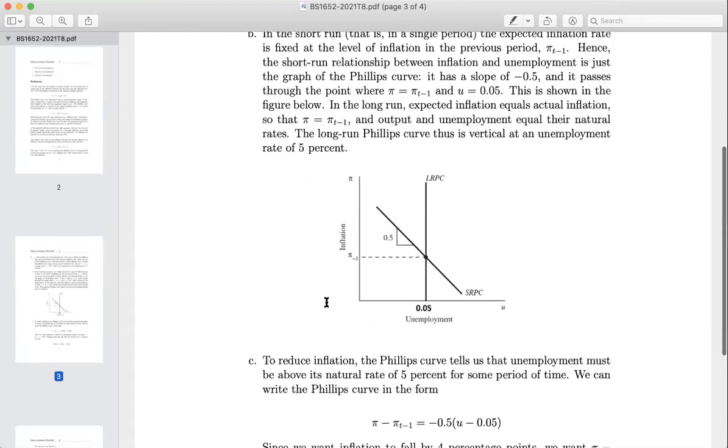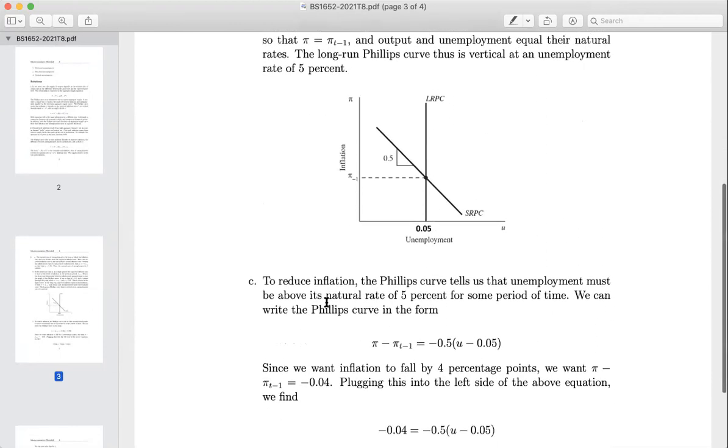In this question, it's very straightforward, because this is exactly the Phillips curve you've seen in the question. The only difference is I just rearranged it to put inflation and expected inflation on the left-hand side.